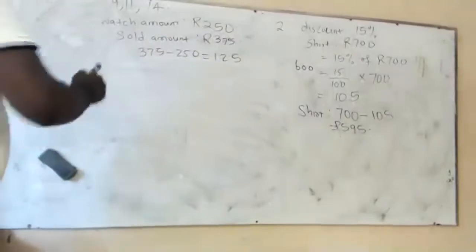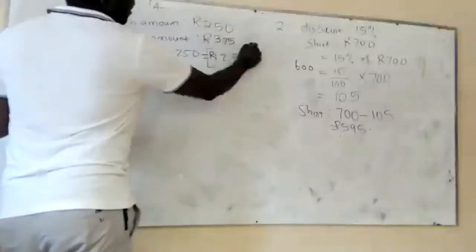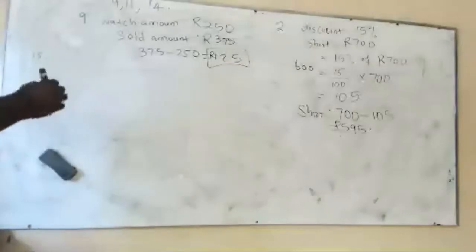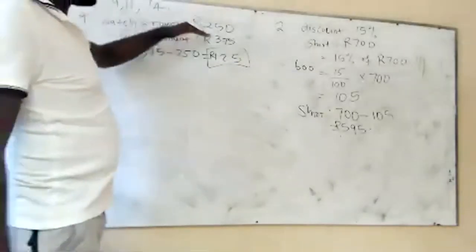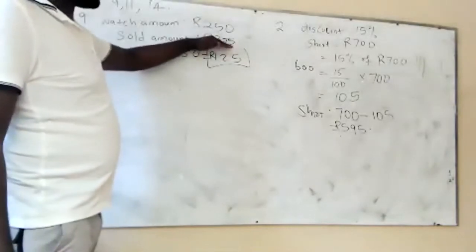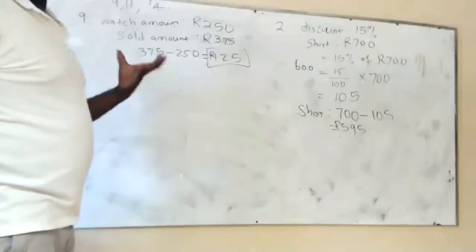Are we all together with regard to question number 9? Yes. That is what we're supposed to do. So this person is going to get a profit of 125 if he bought a watch for 250 and he sold it for 375. And this is a norm for all business.